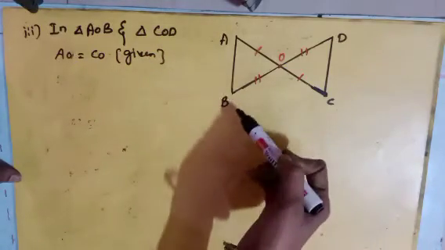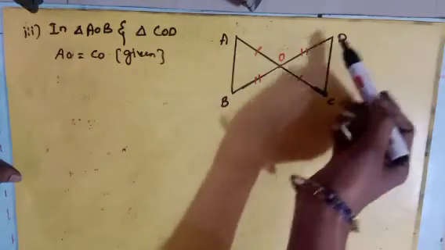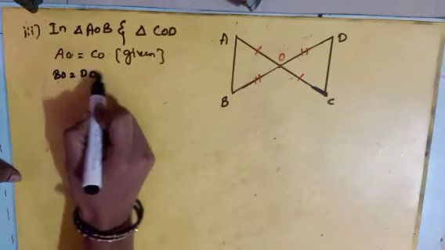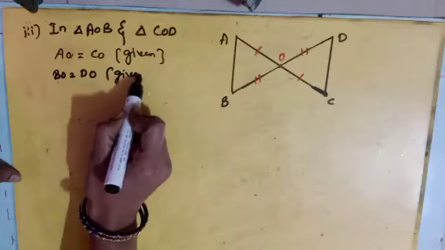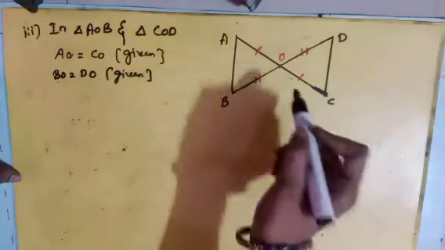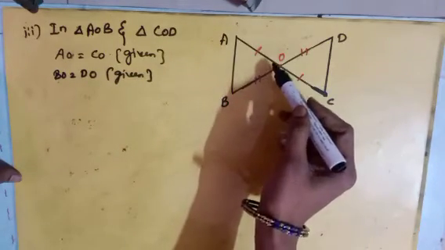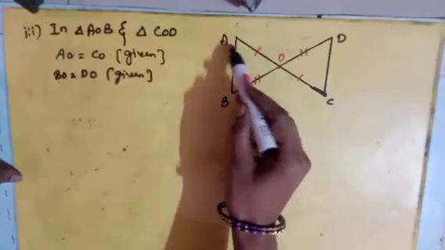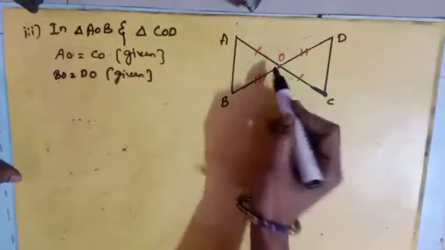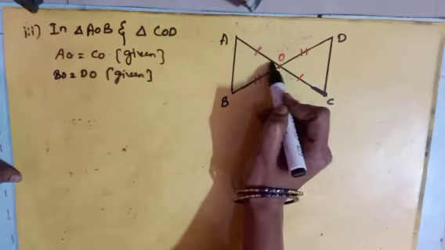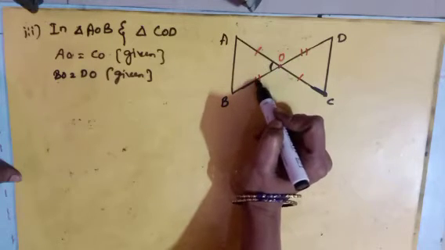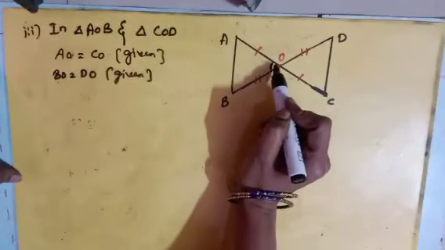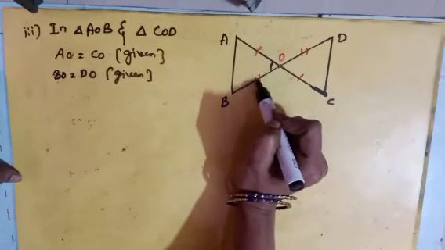Next, BO equals DO. It is also given. Next, see, between two sides the angle should be included. So which is that angle? Angle AOB is included between the two sides.